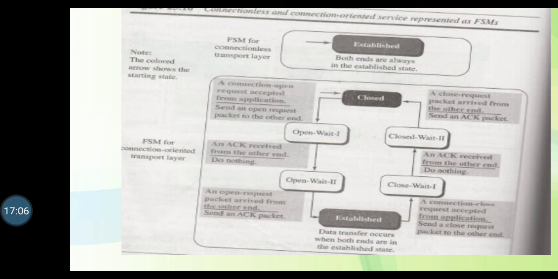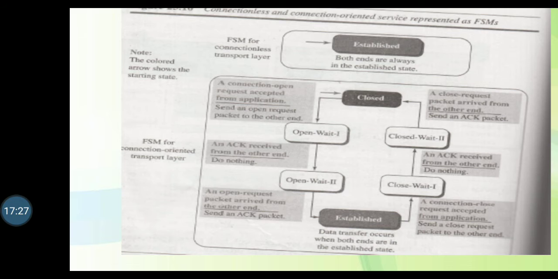Then the horizontal line is used to separate the event from the action. We replace the horizontal line with a slash. Then the arrow shows movement to the next state.